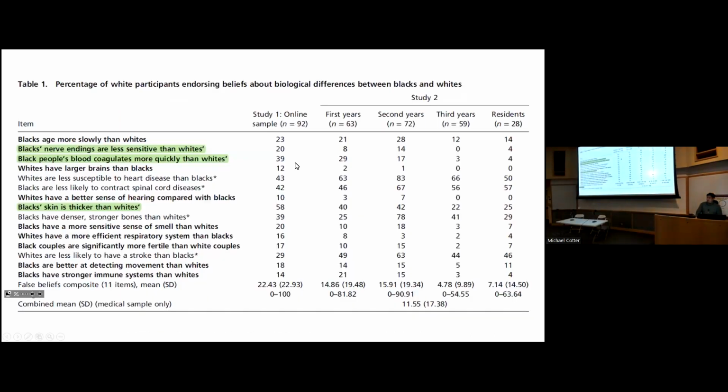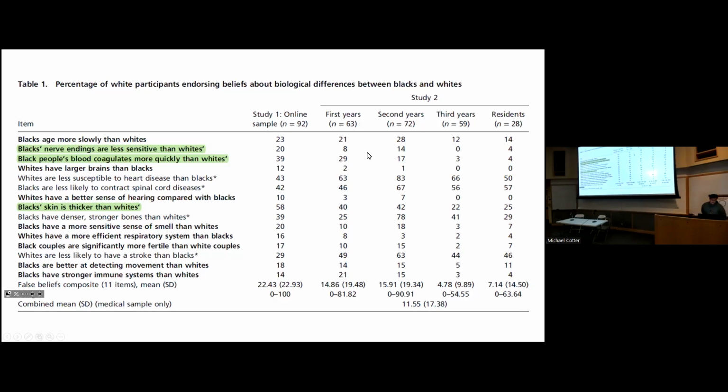A 2016 paper from the University of Virginia performed two studies that tried to and successfully associated racial bias with false biological beliefs regarding differences between white and Black people. Study two studied first, second, third year medical students as well as residents and tried to assess what their current beliefs were about biological differences.